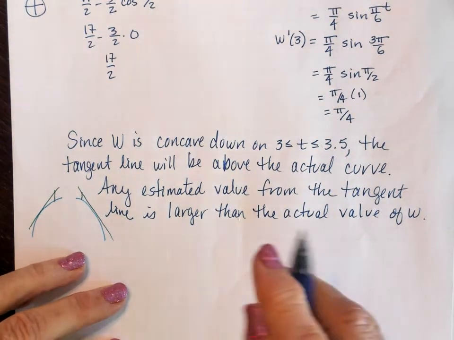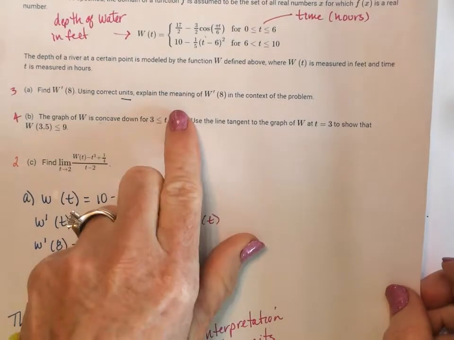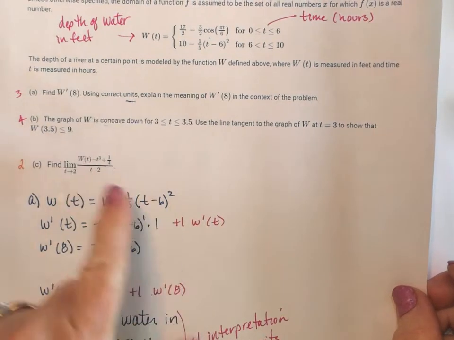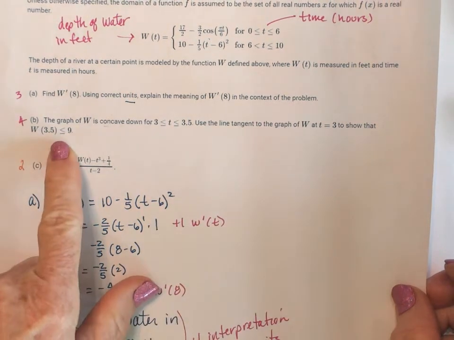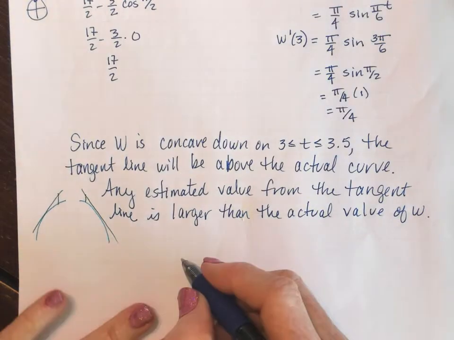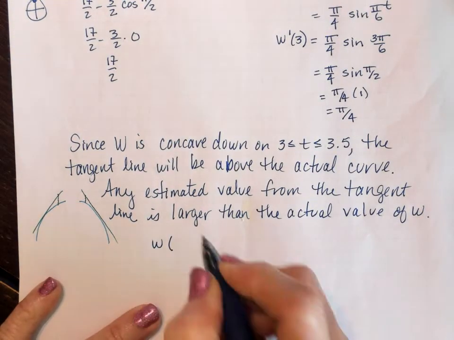So let's use that tangent line because part B says, use the line tangent to show that W of 3.5 must be less than or equal to 9. So let's go with using that line.